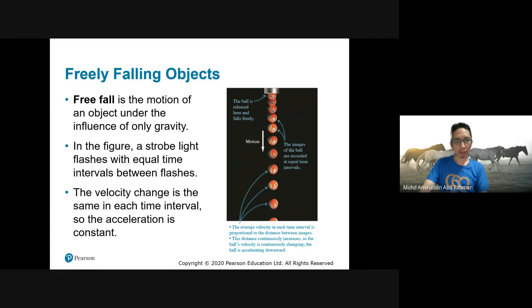You can see that the velocity changes the same in each interval, so the acceleration is constant. For the free fall object, you learn that it is accelerated at 9.8 meters per second squared. So that's the constant acceleration.